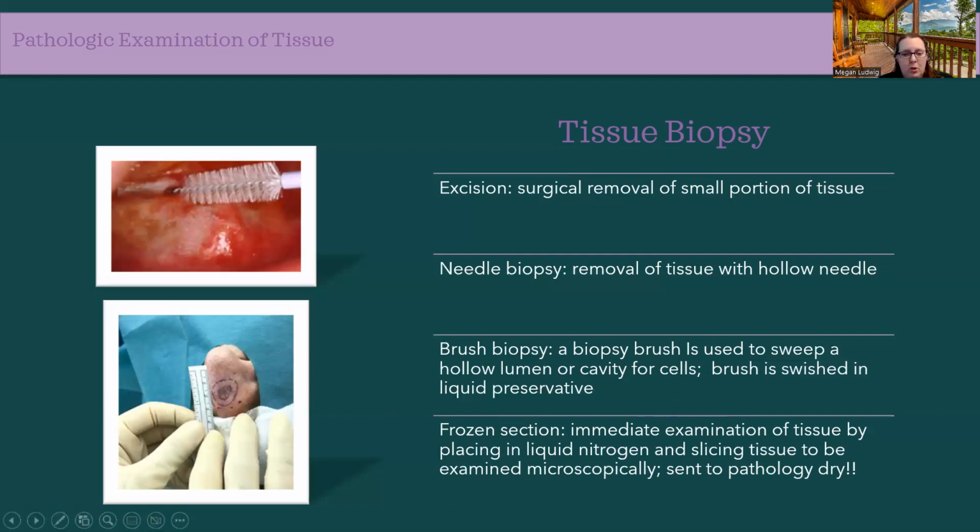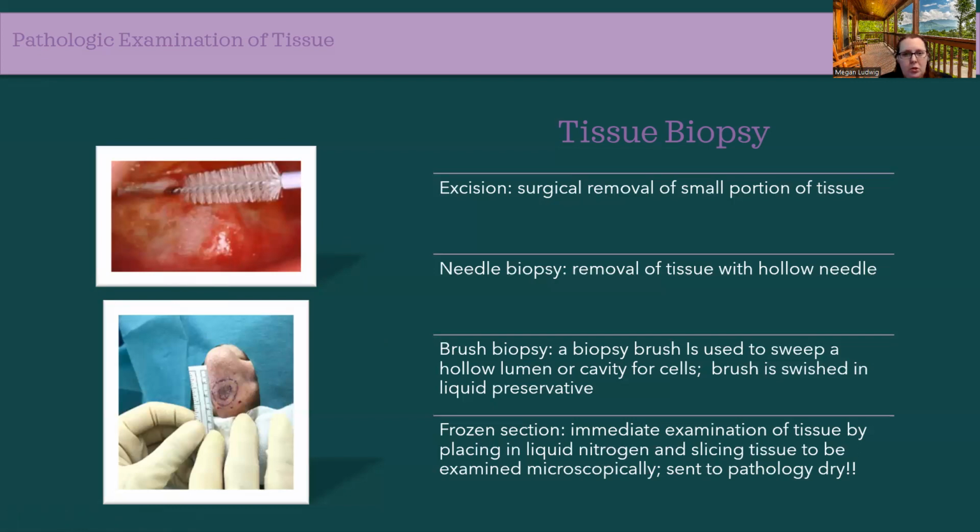And then this one here, a frozen section, is a particular type that is referring to a way in which you're going to send it to the lab. So for a frozen section, we're going to take an excision biopsy, a piece of tissue, whether it's a mole that we think is cancerous, whatever. We're going to take that, put it in a dry specimen cup with no preservative in it, and immediately send it to the lab.